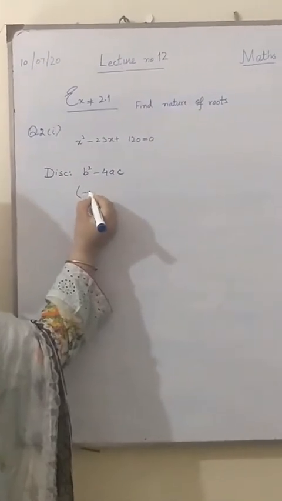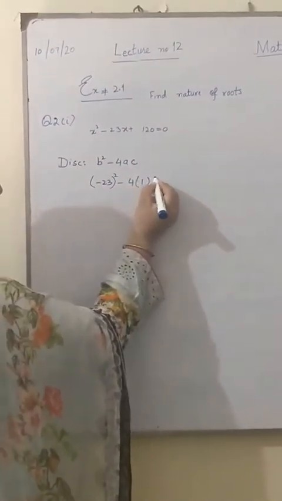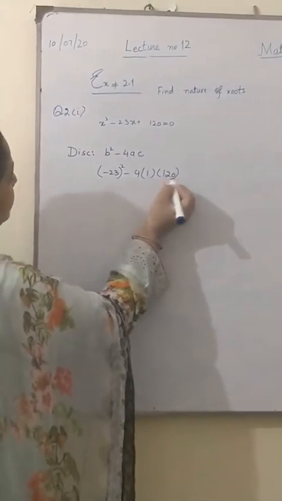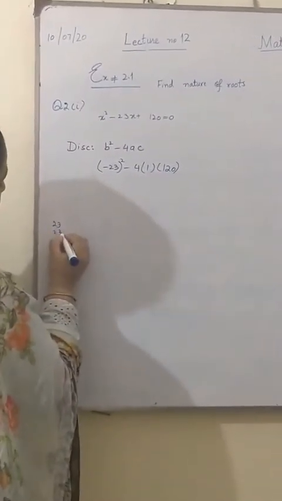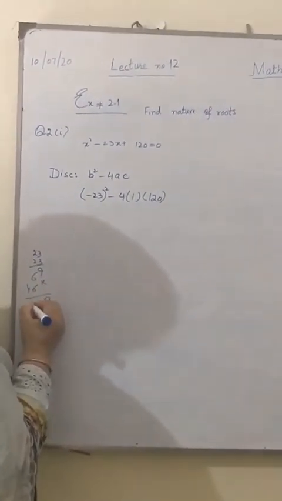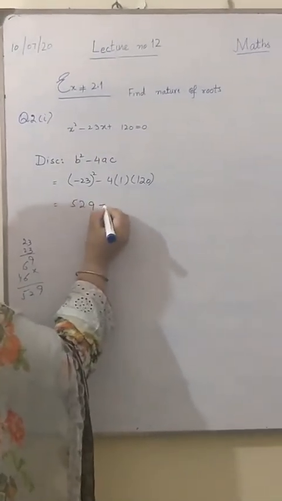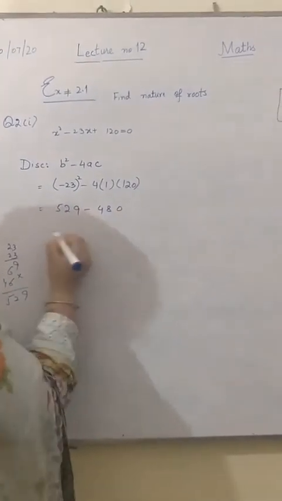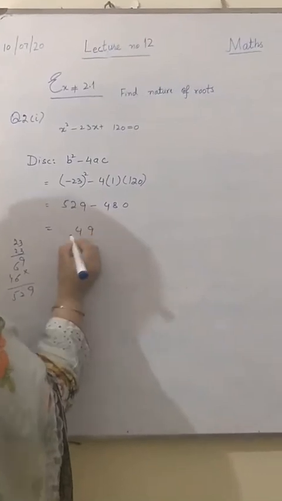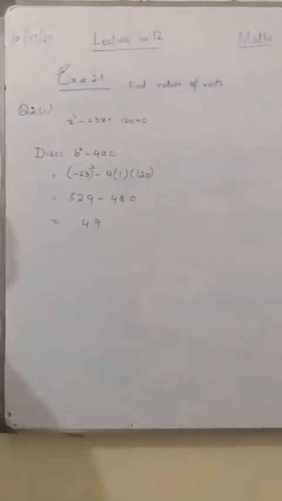Here b is minus 23, so minus 23 whole square minus 4 into 1 into 120. This is 529 minus 480, that is 49. So our discriminant is 49.